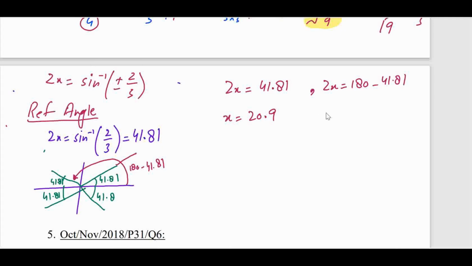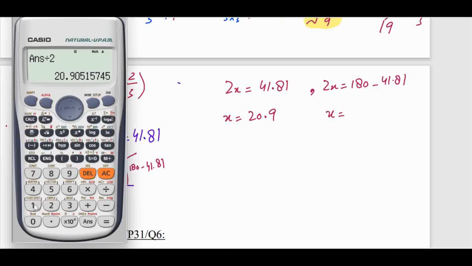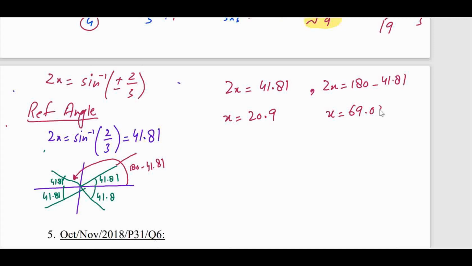Now the next one, here x will be equal to 180 minus 41.81, divided by 2. So this will be equal to 69.095. So these two are the answers from the first two parts, and we can see that they lie within the range.